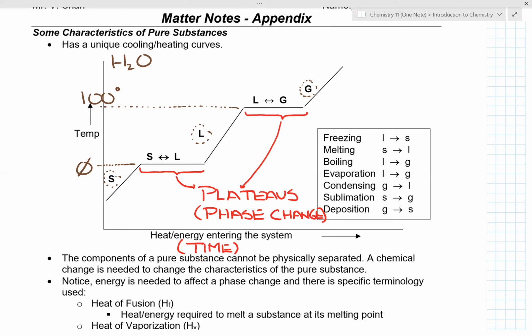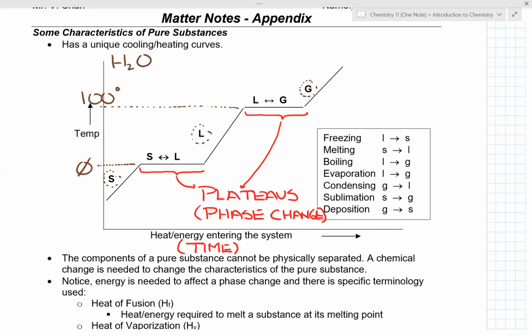That is why when you have a phase change going from solid to liquid, liquid to solid, liquid to gas or gas to liquid, you have a constant temperature, because all the energy is being used to change the substance from one phase to the other.